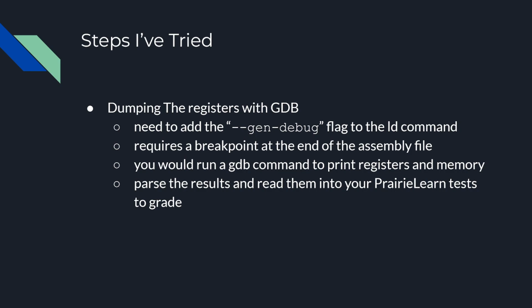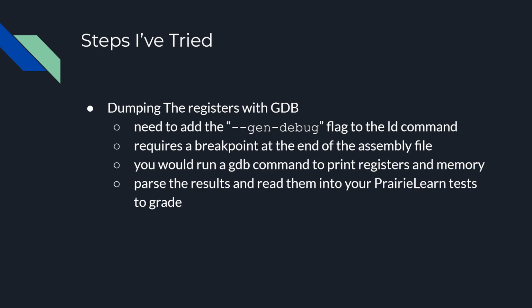That'll allow us to have debug symbols inside of our binary, which will let GDB read it. It's the same thing with C, where it's just -g if you've ever used GDB for C. We also need to make a breakpoint at the end of the assembly file. Could be at the beginning too, but as long as you're able to add a breakpoint, you should be able to see all the registers.